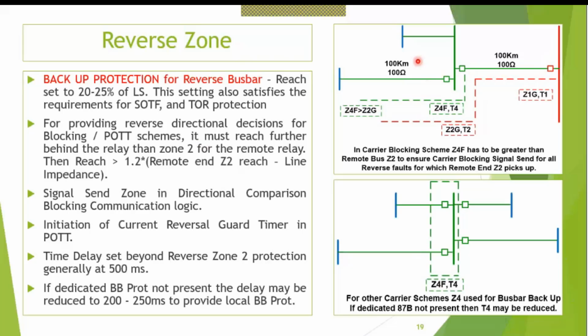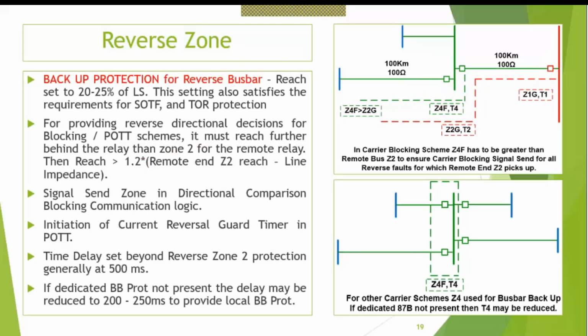It does not have any problem. So under those circumstances, zone 4 reach is made higher. The basic philosophy is 1.2, the safety factor, times the remote end zone 2 minus line impedance. So if the remote end zone 2 reaches till here, minus line impedance means this part, this impedance multiplied by a safety factor should be my zone 4 reach.